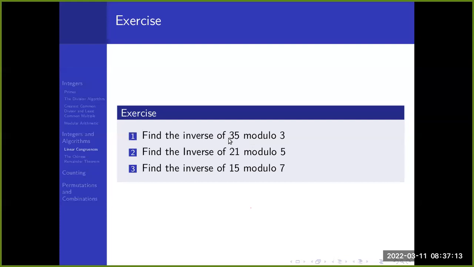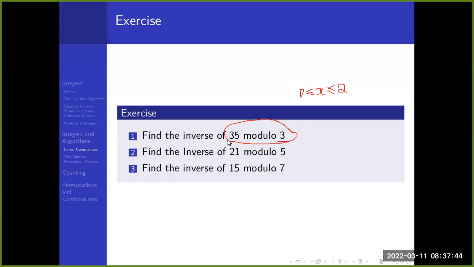So you need to find some number which, when multiplied by 35, will be congruent to 1 modulo 3. So that's the first one you need to do. Now, this one is easy to check because you are working modulo 3. You can just check for numbers between 0 and 2. You don't have to use any heavy machinery to solve this. Look for numbers between 0 and 2, and one of them should work.